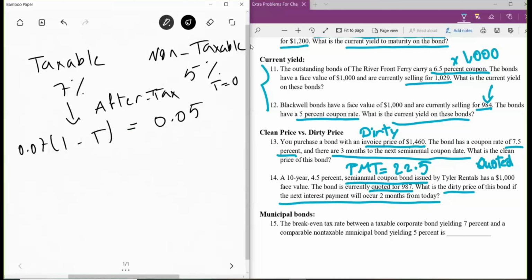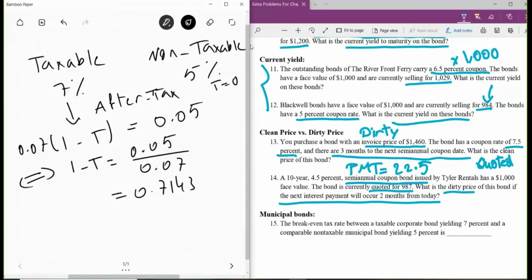So now I solve for T. 1 minus T equals 0.05 divided by 0.07. So 0.7143. T equals 1 minus that value, 28.57%.